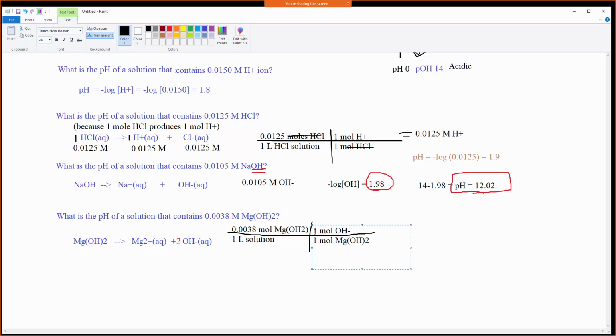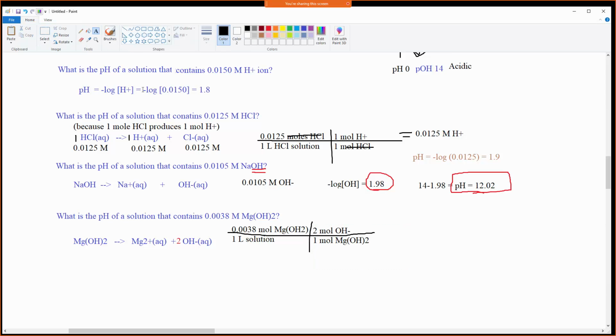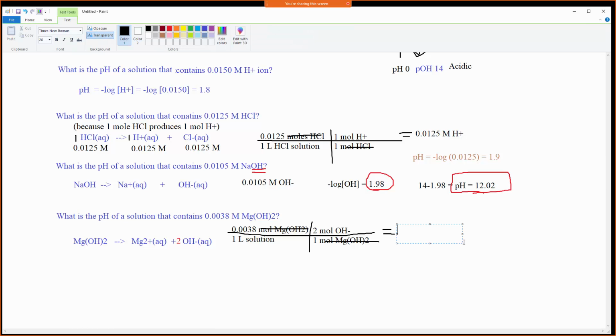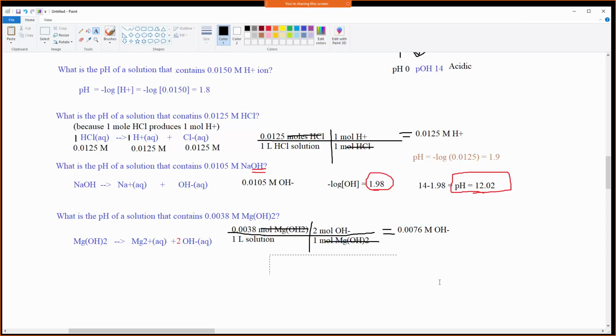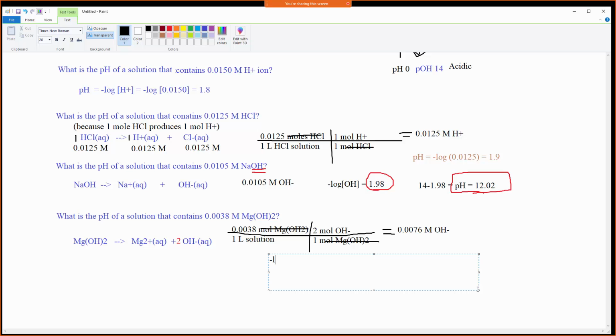And that means that our hydroxide concentration, because your moles of magnesium hydroxide cancel, and now you still have moles per liter here, is, that's right, 0.0076 molar hydroxide.